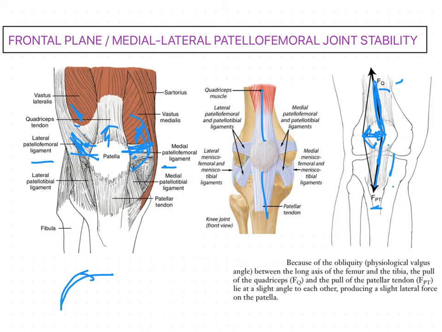The obliquity of the pull of the quadriceps muscles and patellar tendon can increase with problems other than imbalance between the vastus lateralis and vastus medialis. We have seen some of these conditions, for example genu valgum, which increases the obliquity of the femur and concomitantly the obliquity of the pull of the quadriceps.